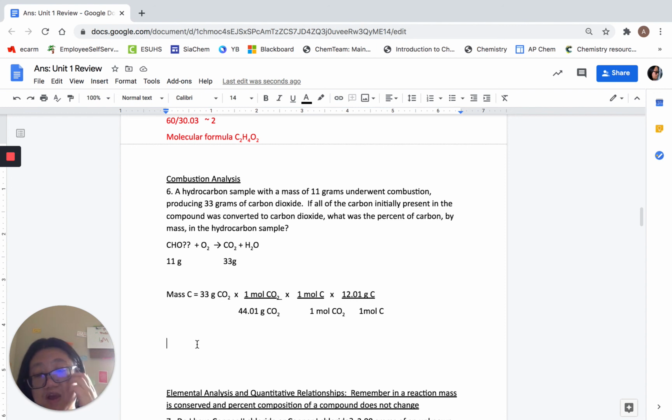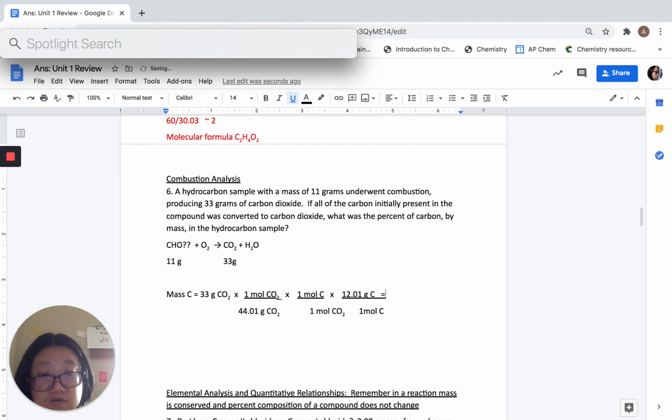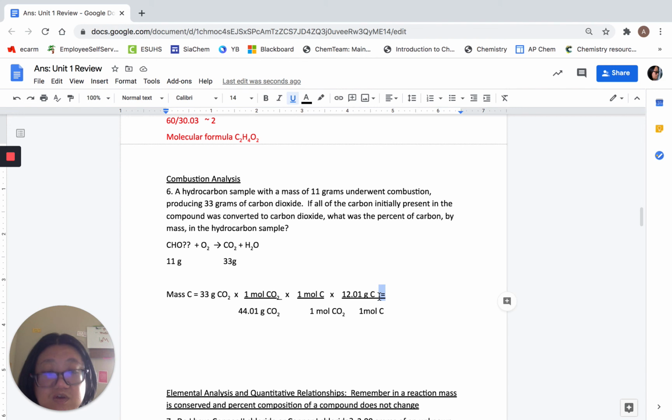That's going to give you 9.07 gram. So that's what you're going to have. And if you're keeping two significant figures, you just keep 9.1 gram of C.